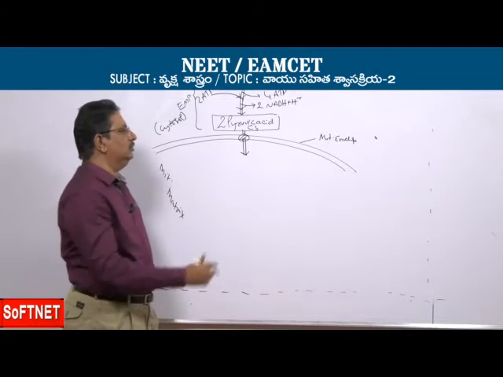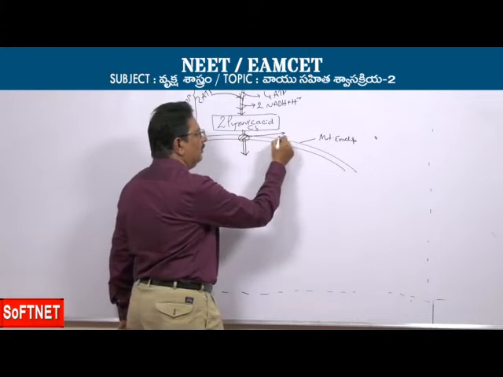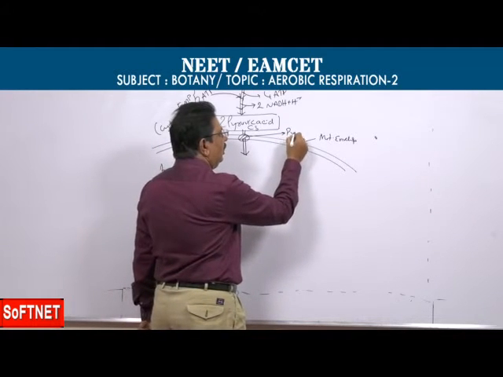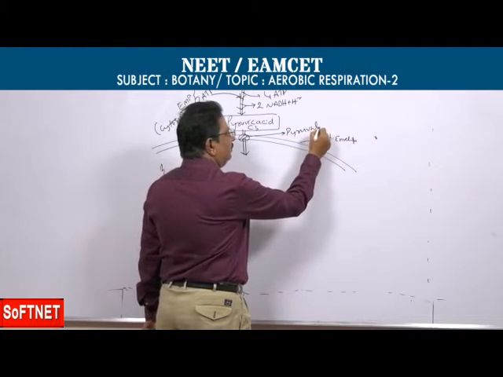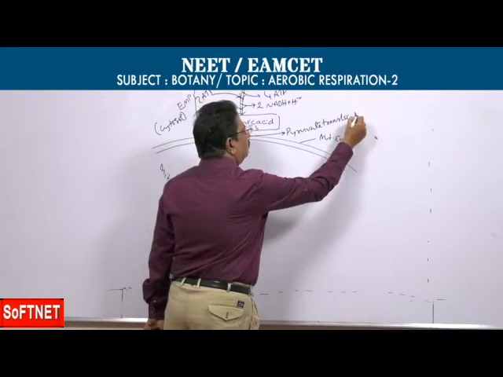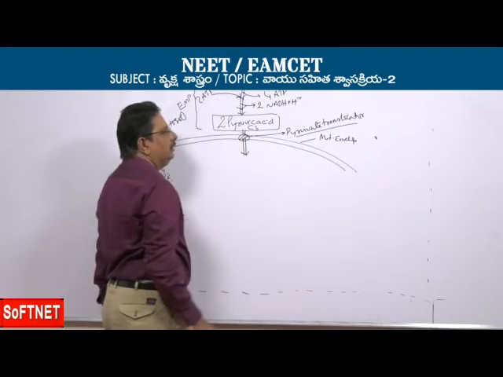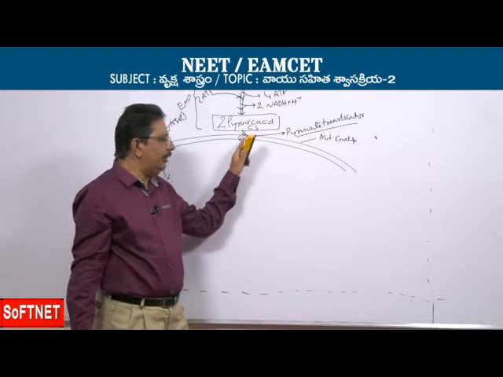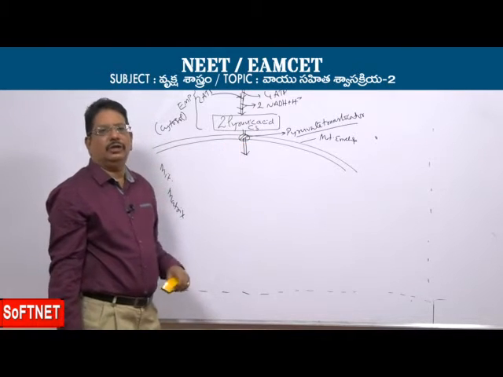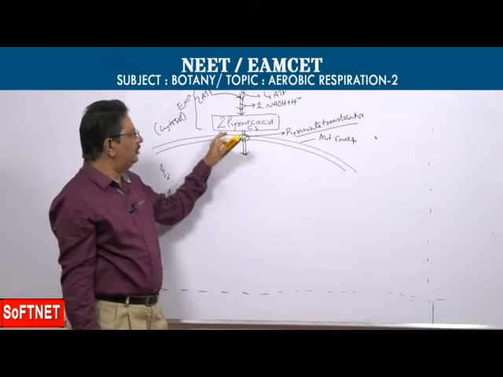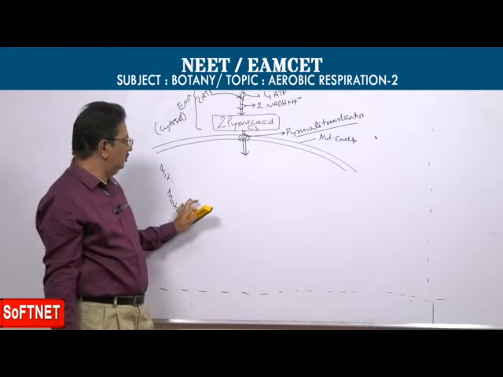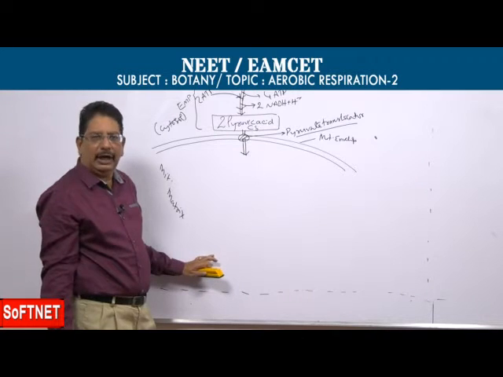So here also a membrane bound carrier is present in the mitochondrial membrane, which is called pyruvate translocator. What is it? Pyruvate translocator is a membrane bound protein that serves as a carrier molecule and helps in the transport of pyruvic acid from the cytosol into the mitochondrial matrix.